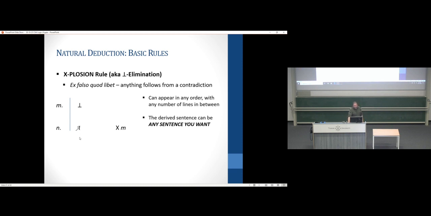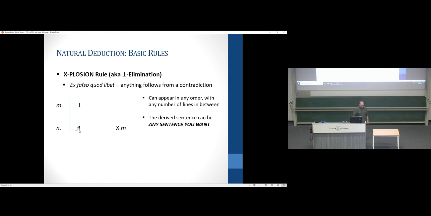Explosion is very useful. So this could be something that, hey, we derive a contradiction in the main line, let's blow it up and get anything we want. So that's one option. Okay. Nihilism. It's not nihilism, it's everythingism. Because this can be everything you want. So this could even be a sentence that we know is false, right? A conjunction, A and not A. It can be any sentence you like.